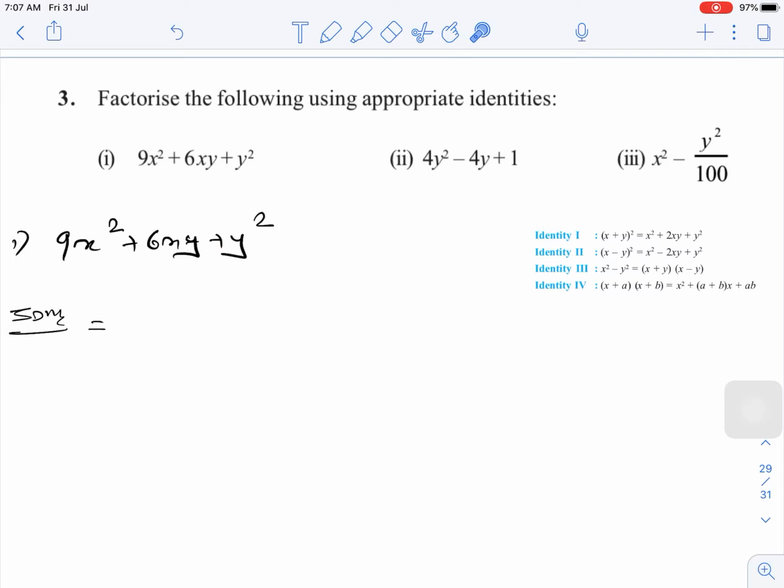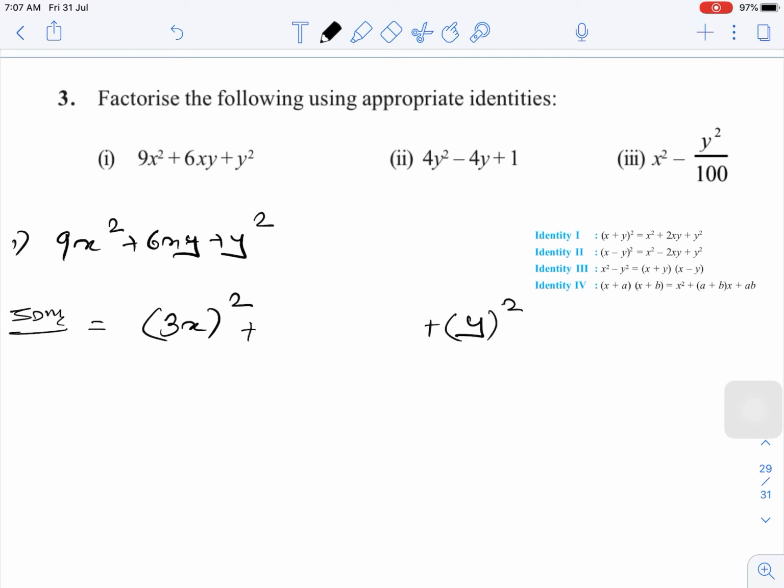So this 9x square can be written as 3x bracket square, where 3 square means 9 and x square means x square. Then we will decide plus here, and the last term is also perfect, that is square of y. So I am writing it in this way, y square.